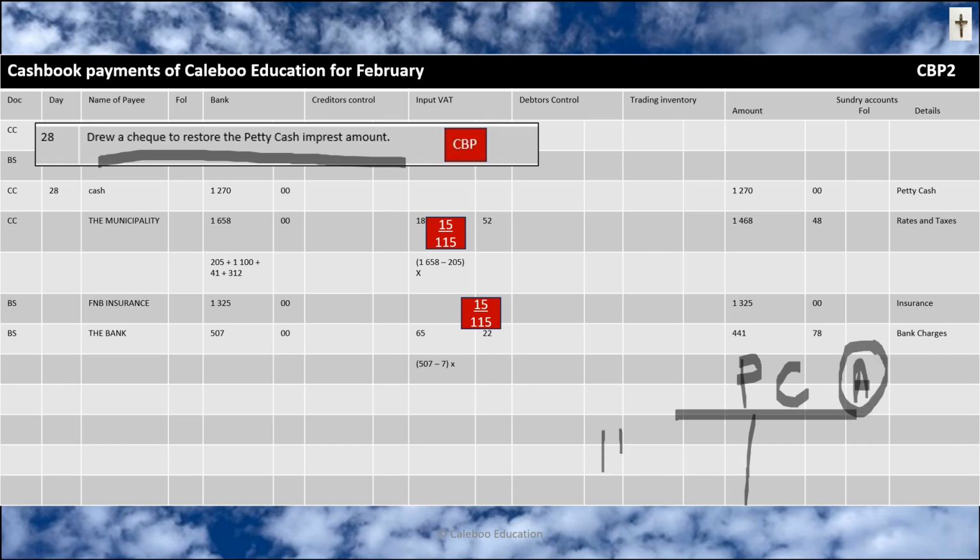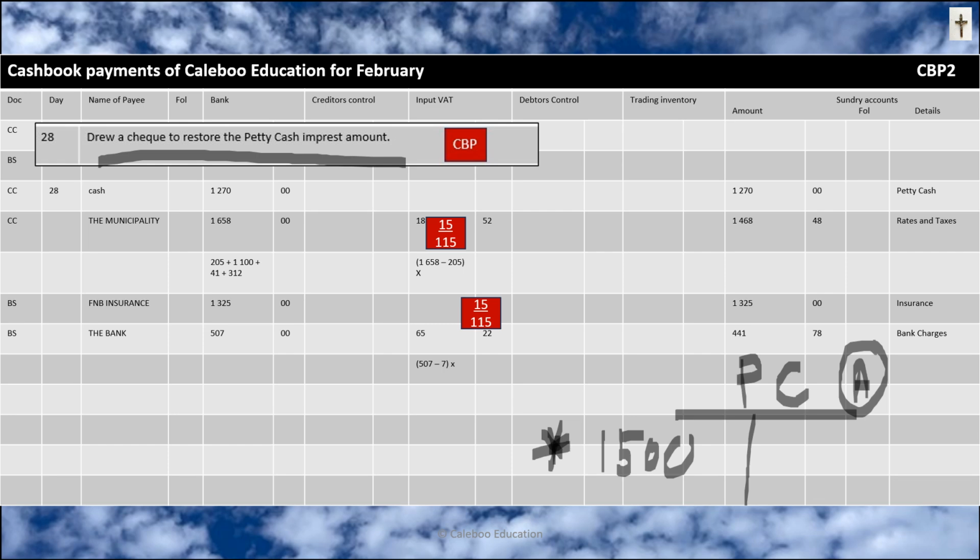It has a debit balance of 1,500. Now this amount here is the Imprest amount, which means at the start of each month there will be 1,500 in the petty cash.